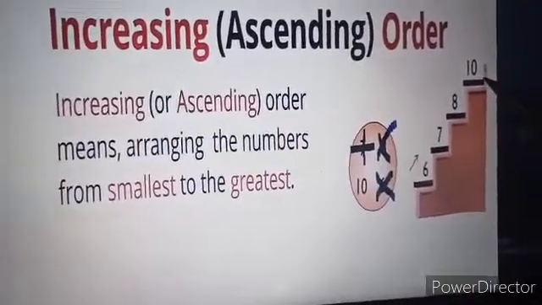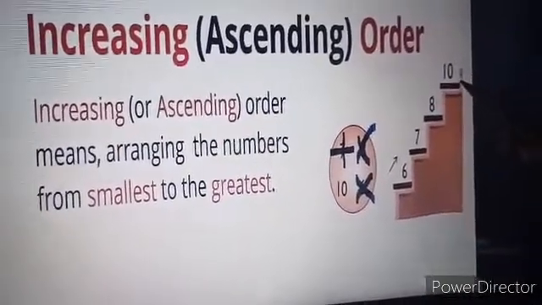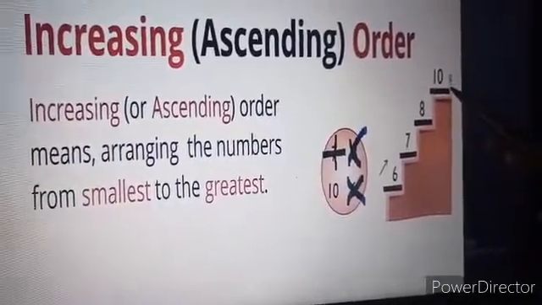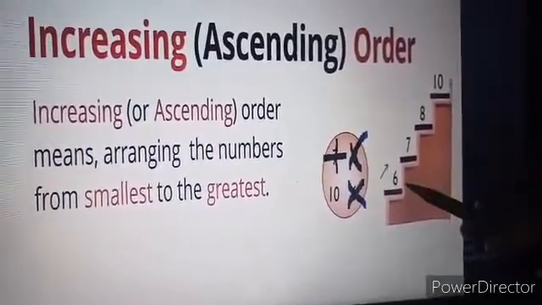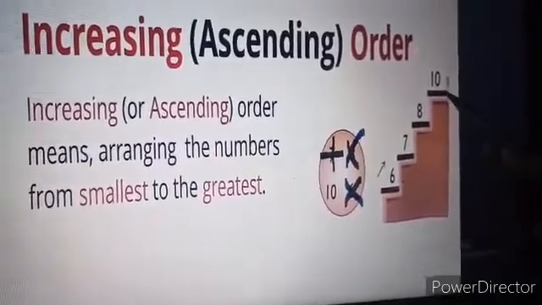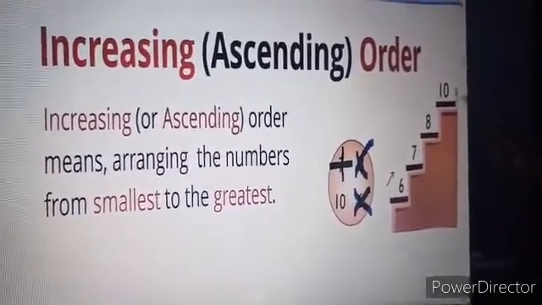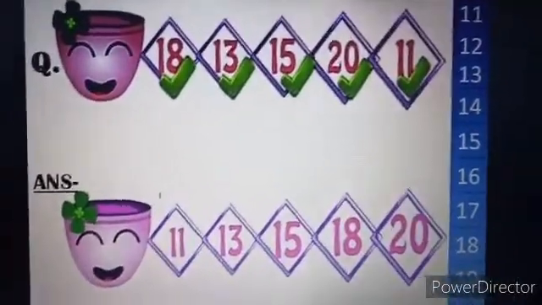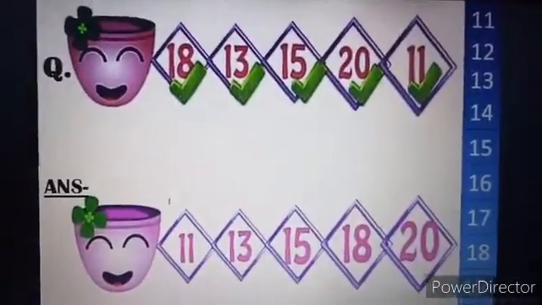Write 10 in the fourth step, means the highest number is 10. Understood? 6 is the smallest and 10 is the highest number. Okay, now children, let's do once again with next example.